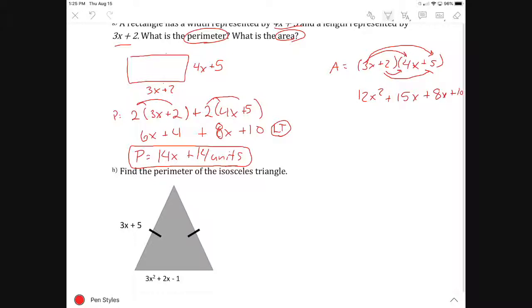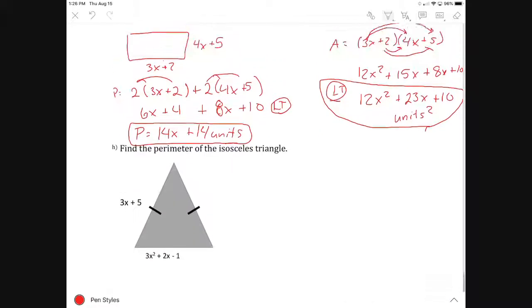Then we're going to combine like terms. So we'll get A equals 12x squared plus 23x plus 10. Okay, so remember that's our units. You have to put units squared because it's area.